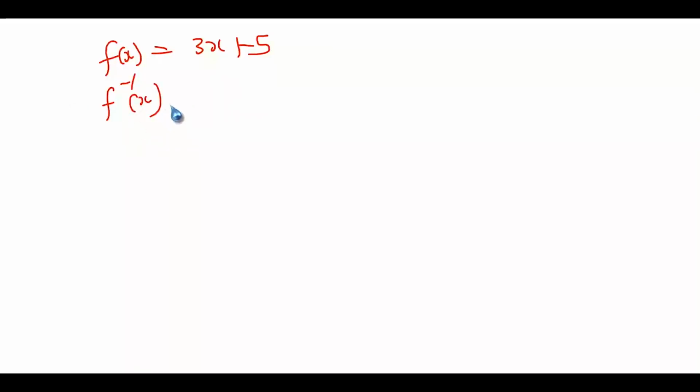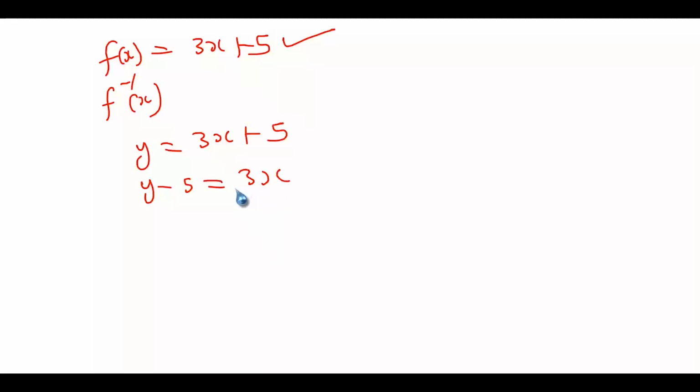To do this is very simple. Just let f of x equal y. So that will be y equals 3x plus 5. Now let's make x the subject of the formula. So that means plus 5 has to go to the left hand side, and when it does that, it becomes a negative number. That will be y minus 5 equals 3x.